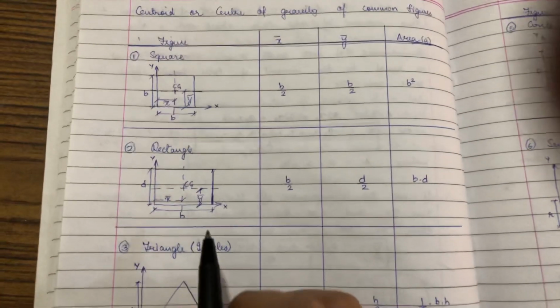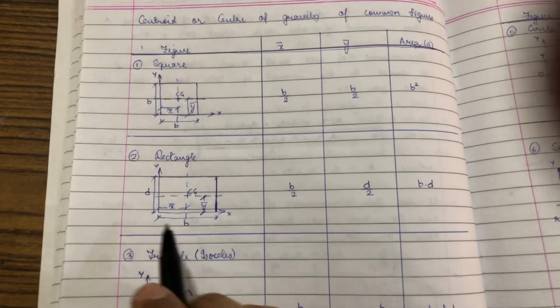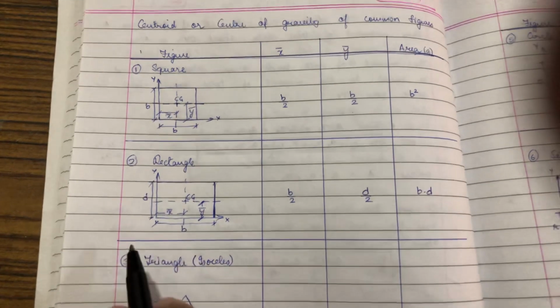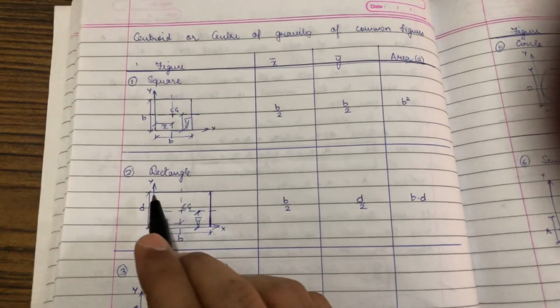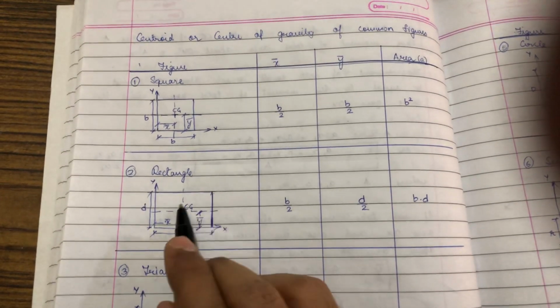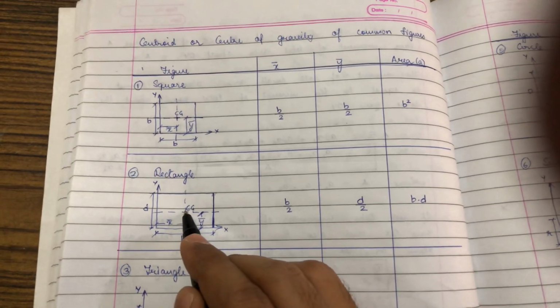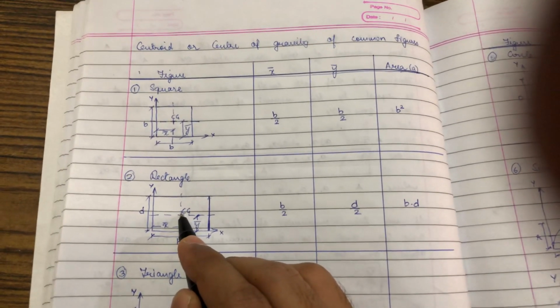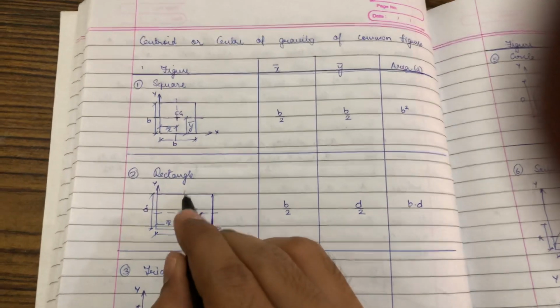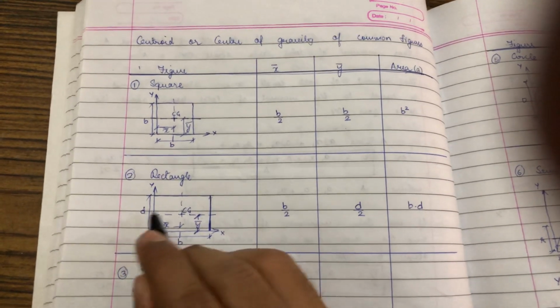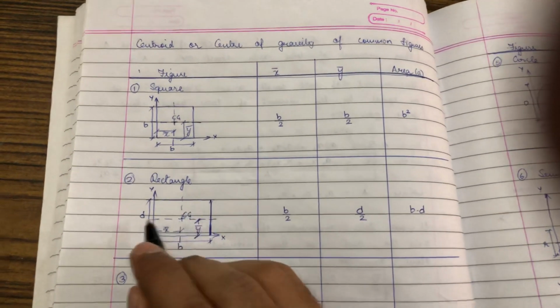Coming to rectangle, this is a rectangle having base b and depth d. Again the CG will pass where both the diagonals intersect. So CG will be at the center of the rectangle. Now this is the axis of symmetry, which is parallel to x and y axis.